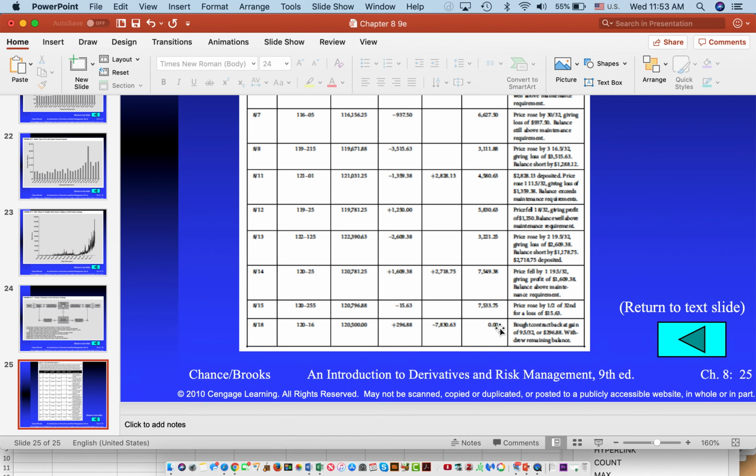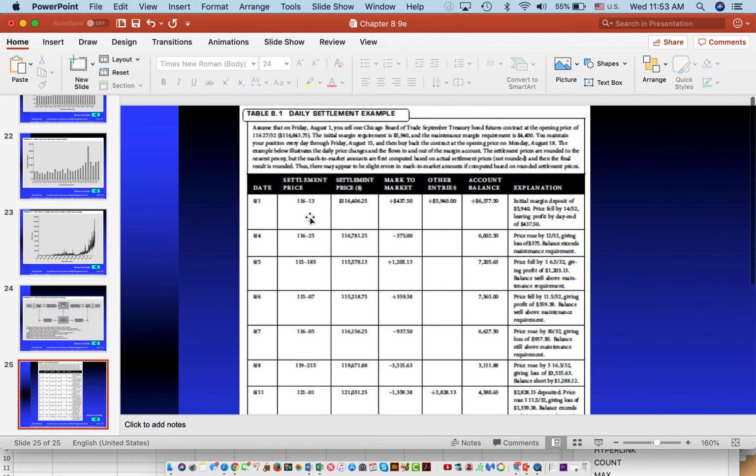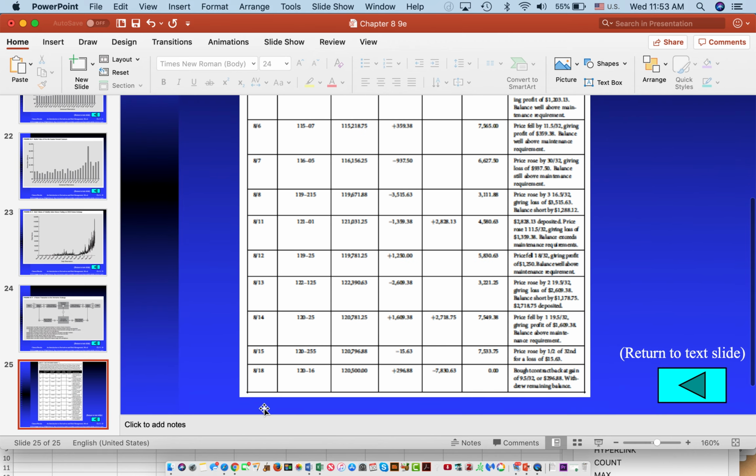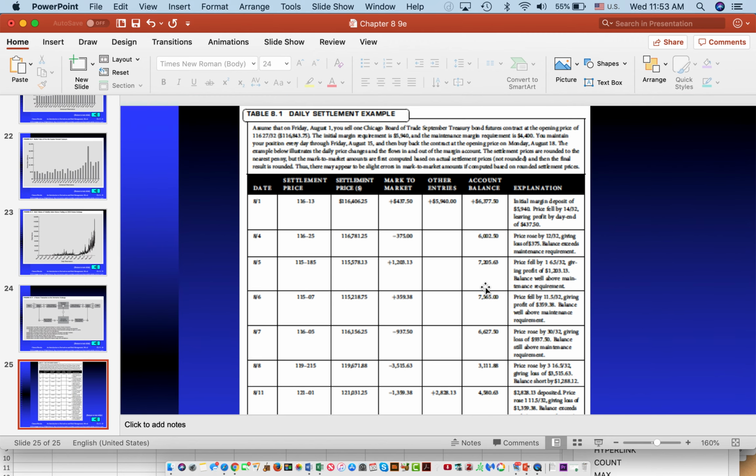Add these numbers to see ultimately how much you gained or lost. The way to do it is that you start with this number and subtract the one that you have here. You'll figure out that this account balance should be exactly the same. So prove it to yourself. And if you have any questions, let me know. Thanks.